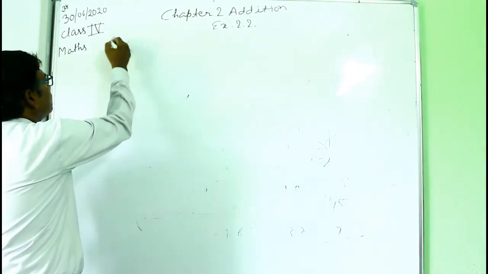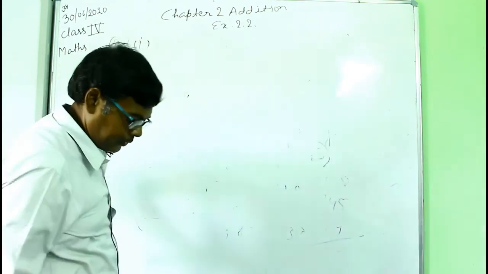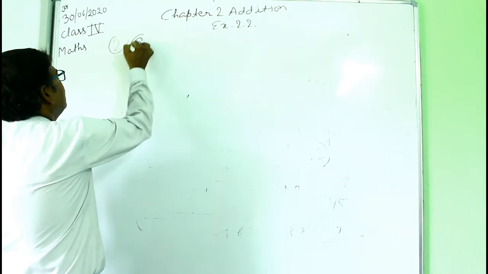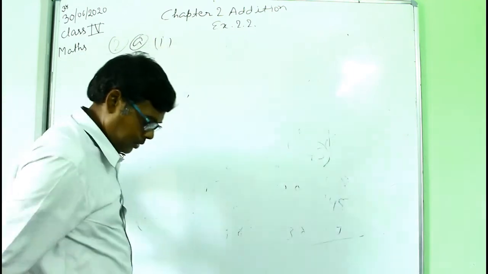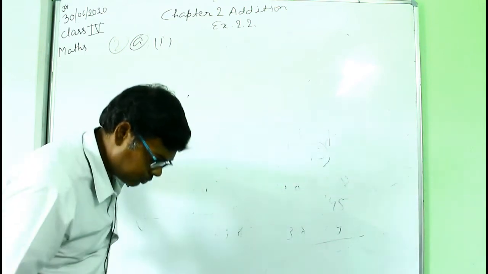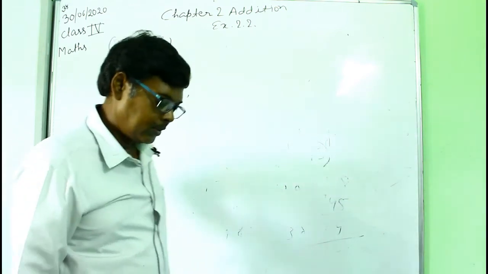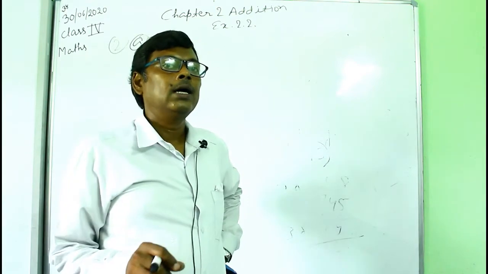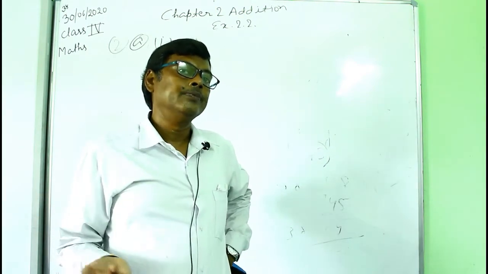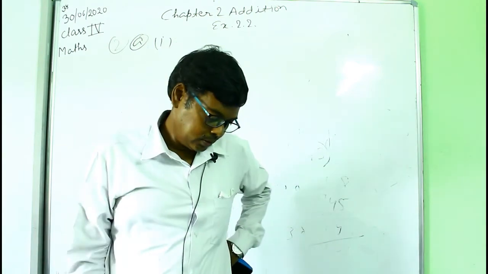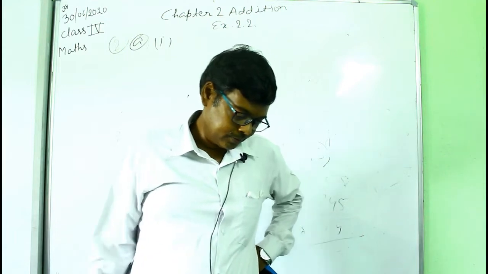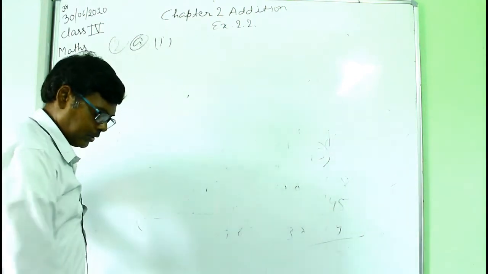In question number 2, part A, you have 3 numbers, and these 3 numbers are arranged in 3 different ways. Then we have to add and find the answer. So first see the first question here.